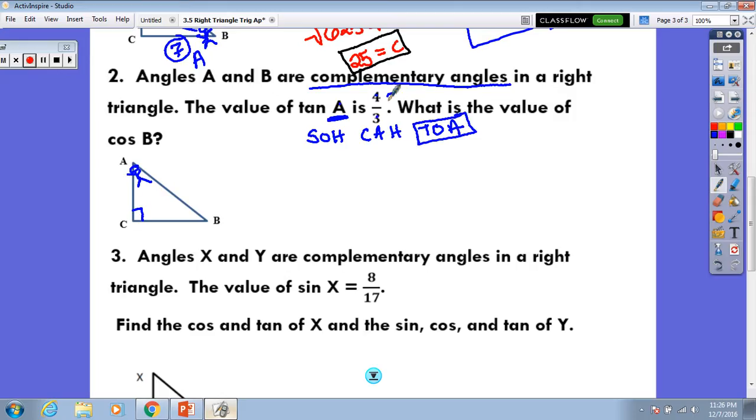So the O represents the 4 and the A will represent the 3 because tangent is opposite over adjacent. So the opposite side is 4 and the adjacent side is 3. Looking from the perspective of A. So the opposite side is 4, and I'm going to put the O here. And the adjacent side, this is my adjacent side, is 3.